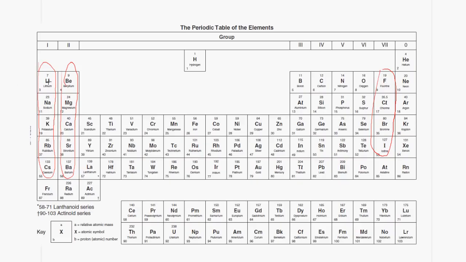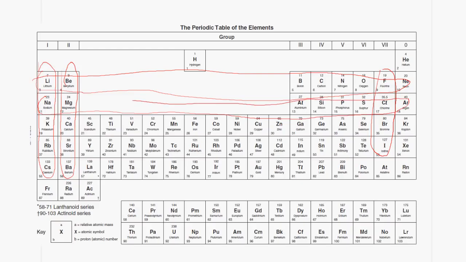And the horizontal rows are what we call periods. So these are groups and these are called periods.